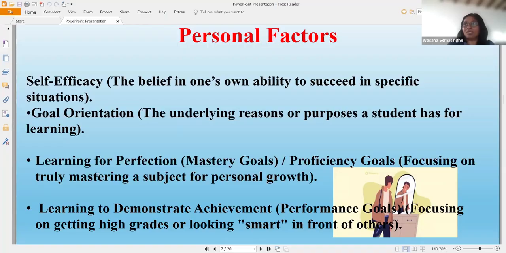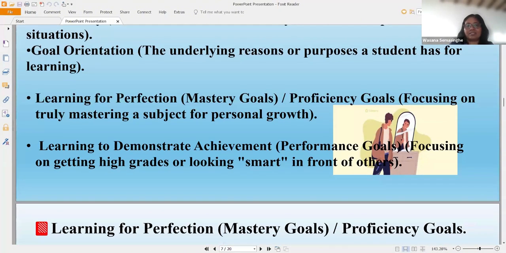Sometimes we are motivated to learn because then we can be smarter than the others. Yesterday we talked about intrinsic motivation and extrinsic motivation. So there may be these personal factors, especially intrinsic motivation. Sometimes we learn because we love learning. Sometimes we want to reach some higher positions. So that depends on the personal reasons, the personal factors.